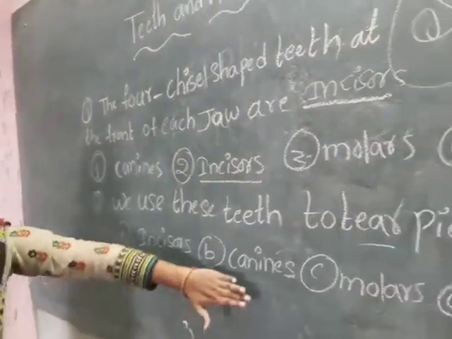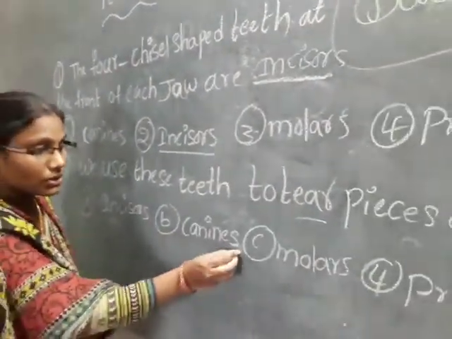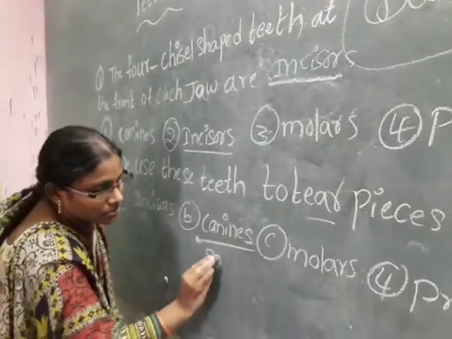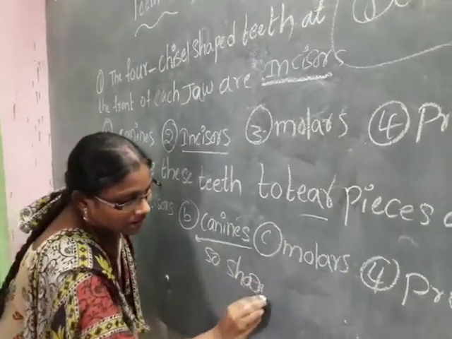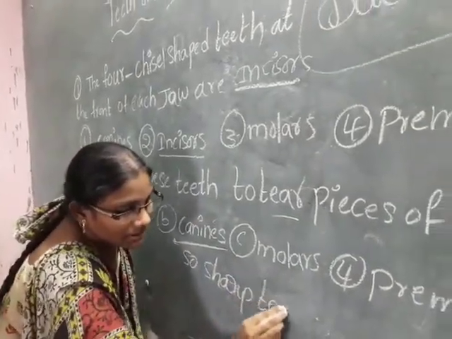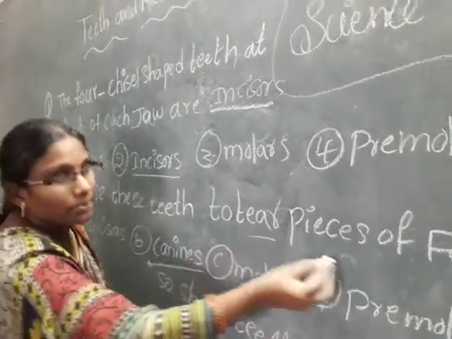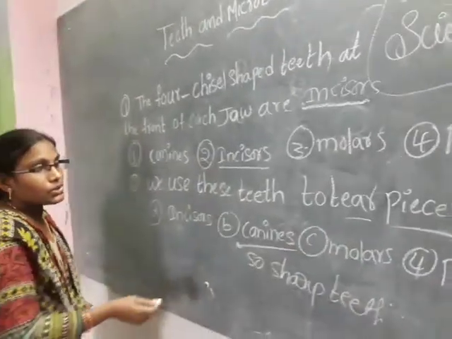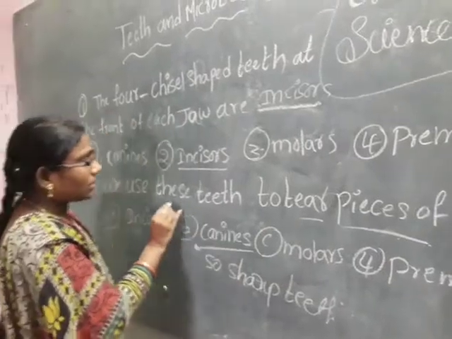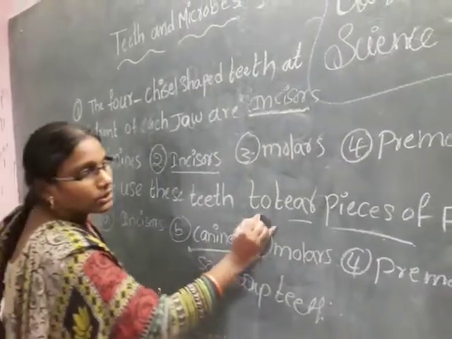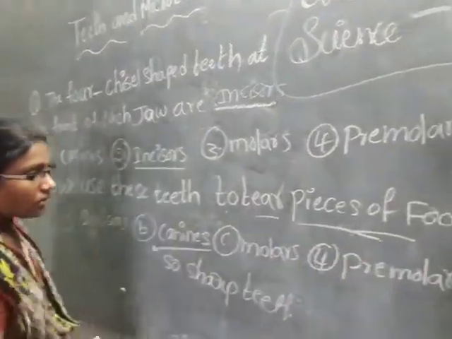Canines. Canines are sharp teeth. We use these teeth to tear pieces of food.